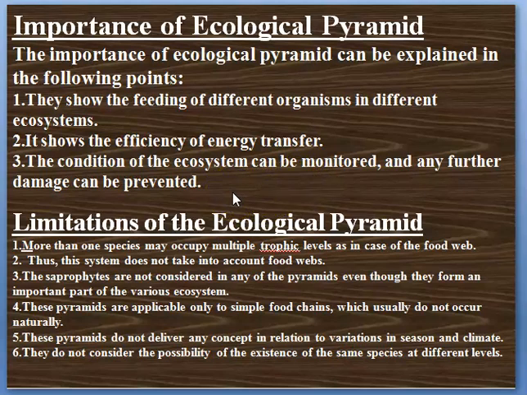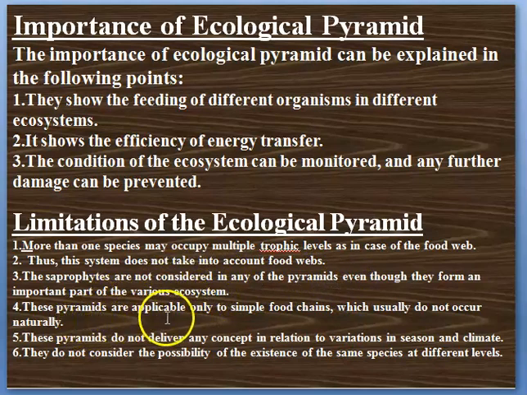Now we will see the limitations of ecological pyramids. More than one species may occupy multiple trophic levels, as in the case of a food web. This system does not take the food web into account. The saprophytes are not considered in any of the pyramids, even though they form an important part of various ecosystems.